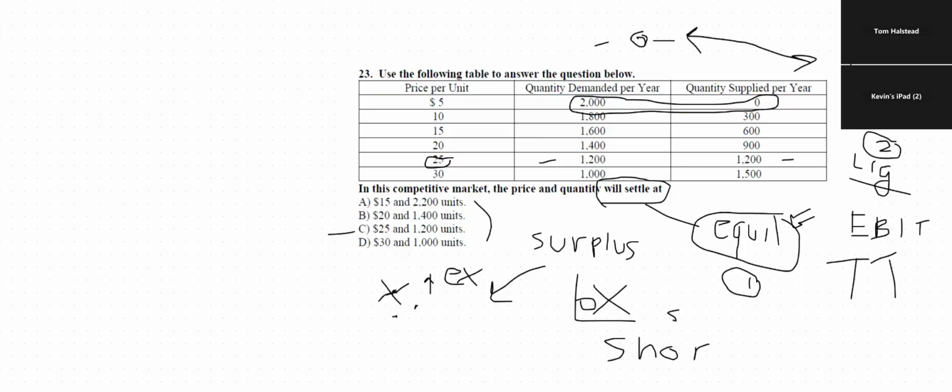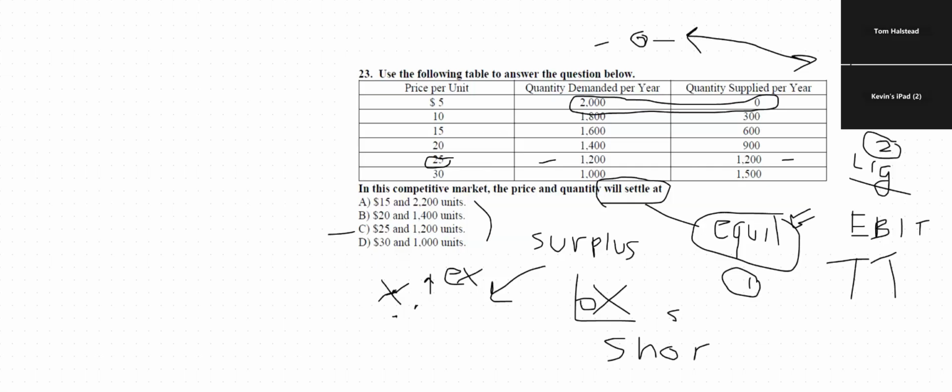So what they're going to make us go through to look for this second thing is trying to find out... Oh, wait. I'm sorry, 1,200. Sorry, how did you get 600 again? Or did you just see the quantity supplied per year? Well, what I did is they're saying where will the equilibrium hit at $15?